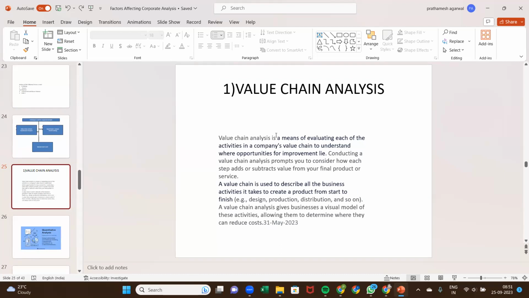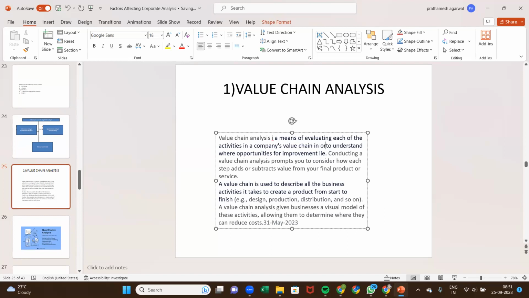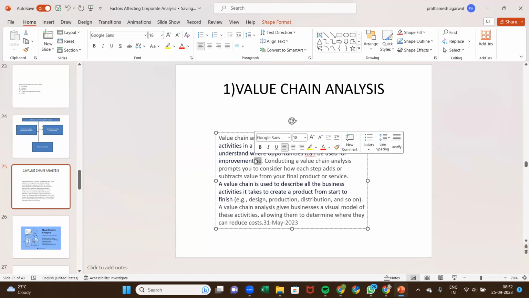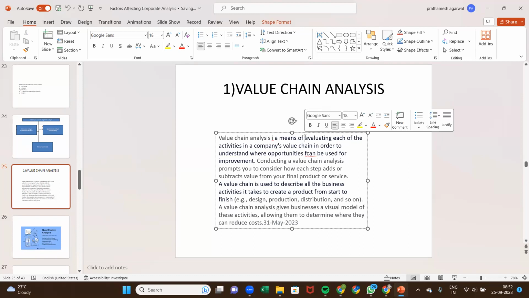Value chain analysis means evaluating each of the activities in a company's value chain in order to understand where opportunities can be used for improvements.